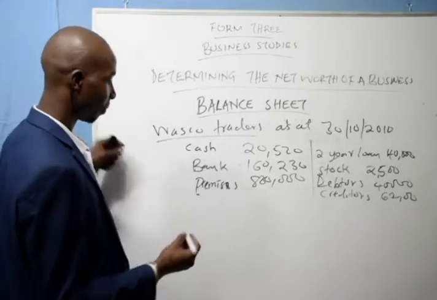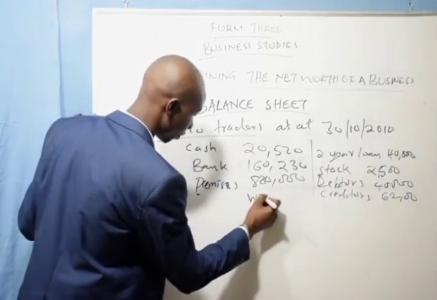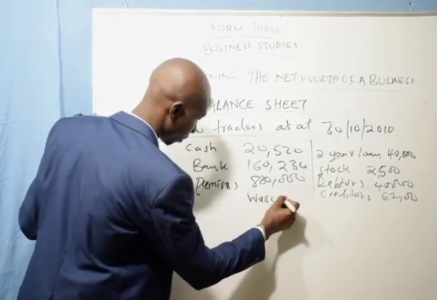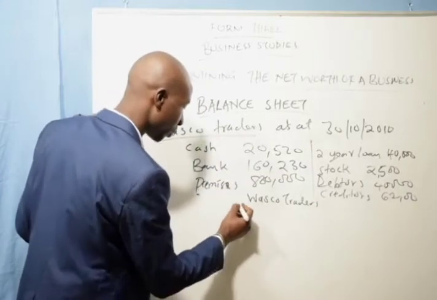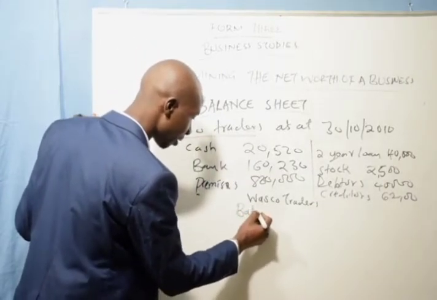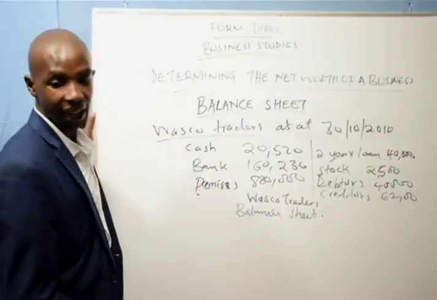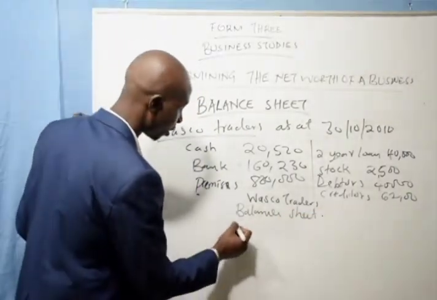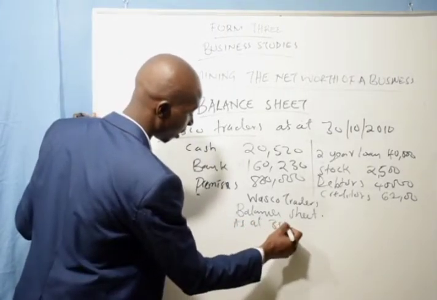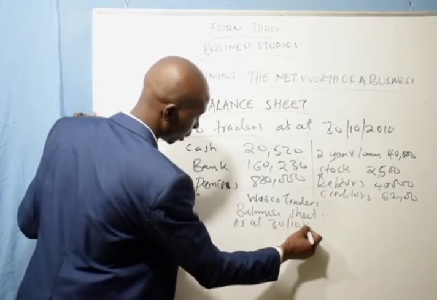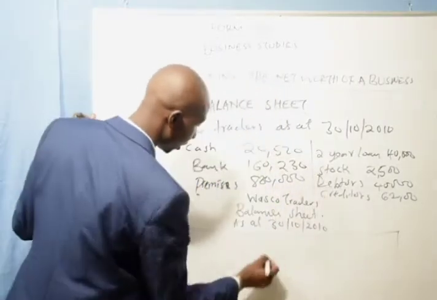We have the heading, that is Wasco Traders. Then the statement, which is balance sheet. Third, we have the date of preparation as at 30th October 2010.